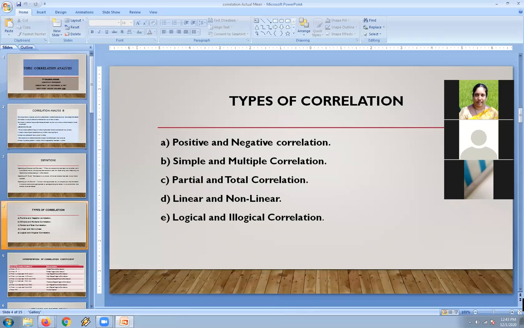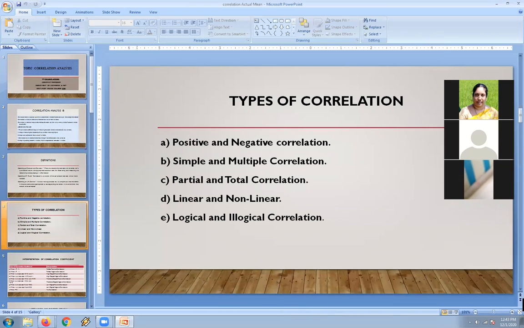Multiple correlation means many variables: when we have three or more variables under our study, that is called multiple correlation.